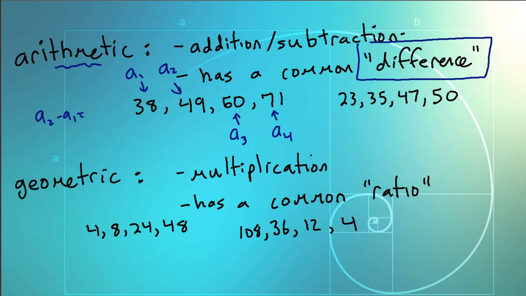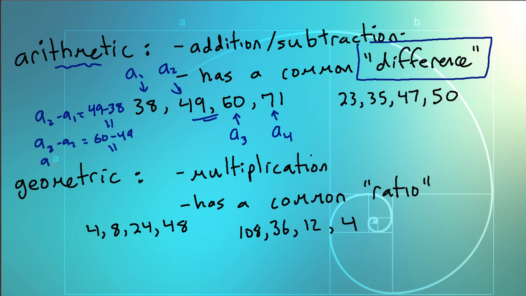If it is arithmetic, when I subtract these, if I did A2 minus A1, that would be 49 minus 38, and I get 11. But I need to check the next 2. So that would be A3 minus A2. Notice I'm taking the term furthest along. So the third term minus the second term: 60 minus 49, that is also 11.